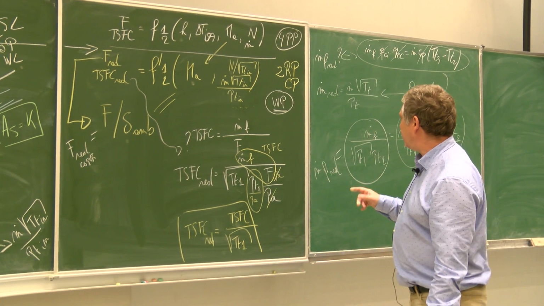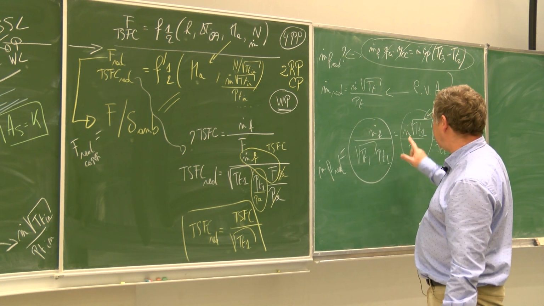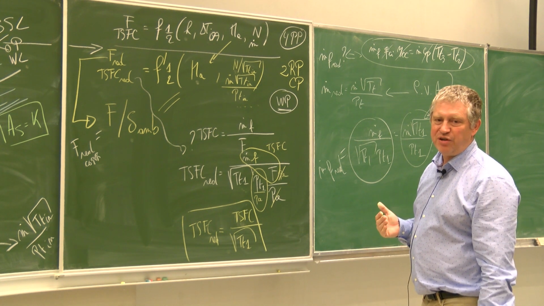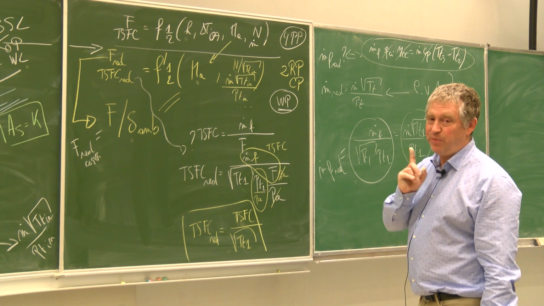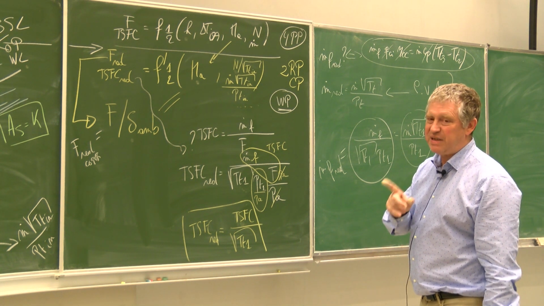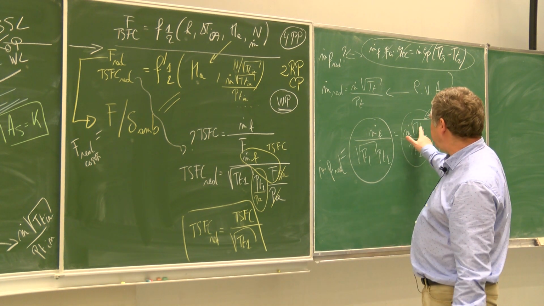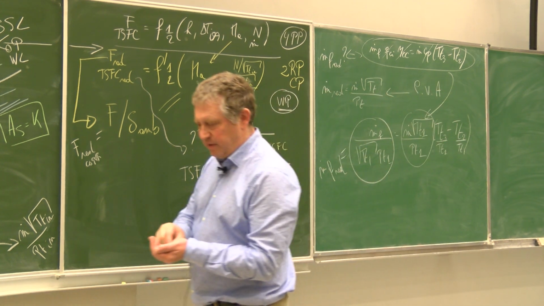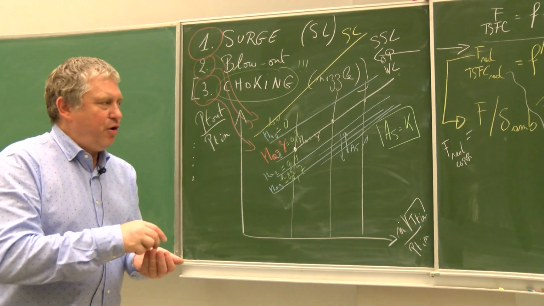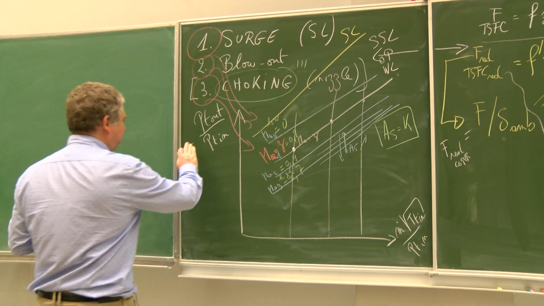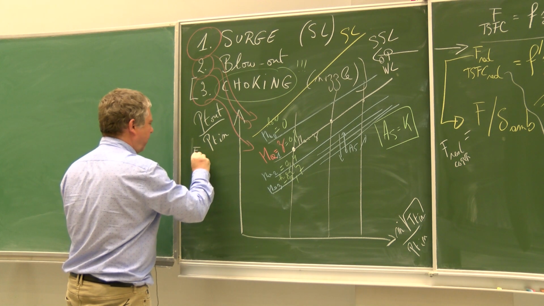Of course, if you take the fuel to air ratio reduced, you will have this divided by that, and you see that the fuel to air ratio reduced is not the fuel to air ratio. The fuel to air ratio is a reduced parameter, but the fuel to air ratio reduced is not equal to the fuel to air ratio, because you have the TT1 that will be present in this equation. Okay? And so you have the opportunity to represent here the F reduced.